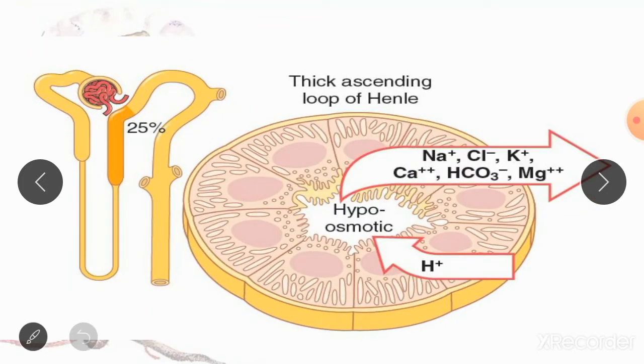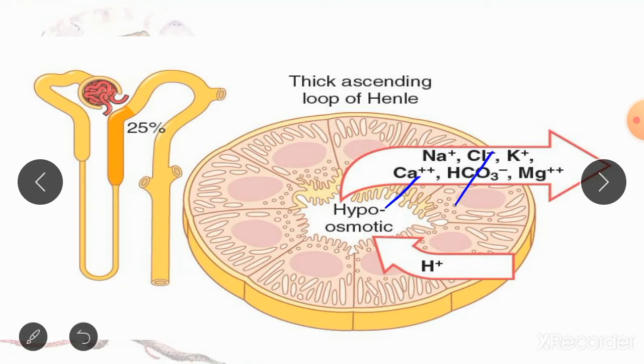Next we have the thick ascending limb, and this thick ascending limb is also impermeable to water like the thin ascending limb. So this portion of the nephron is impermeable to water no matter what, but it is highly permeable to solutes, and there is present a special transporter known as sodium potassium 2 chloride, which is responsible for 25% of sodium reabsorption, and along with sodium, chloride and potassium ions are also reabsorbed.